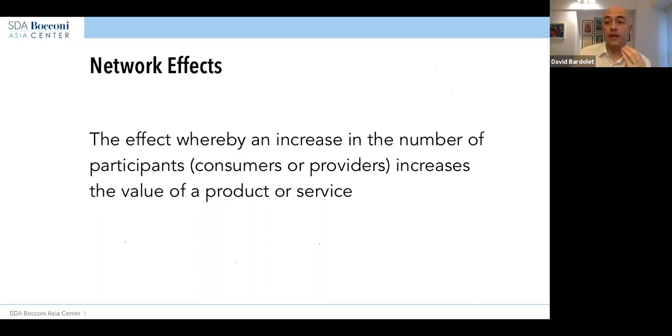So the focus of a platform is the number of people in the platform. Number of users, number of buyers, number of sellers, number of people interacting in there. The more, the better. And the way analysts think about the value of a platform business is how big can this get?